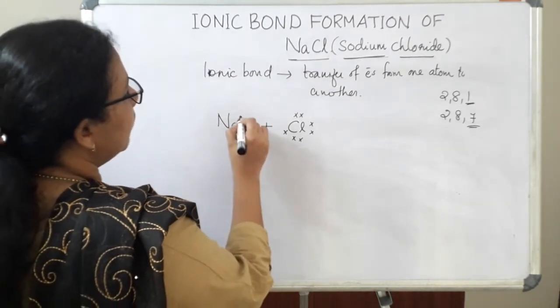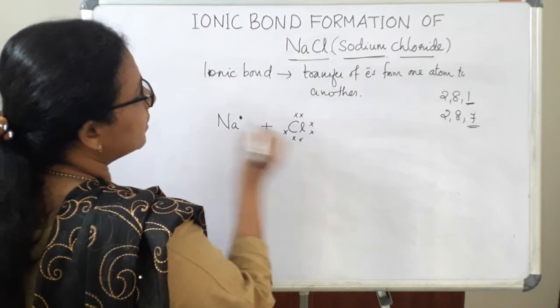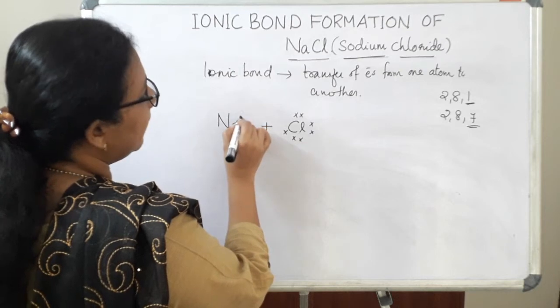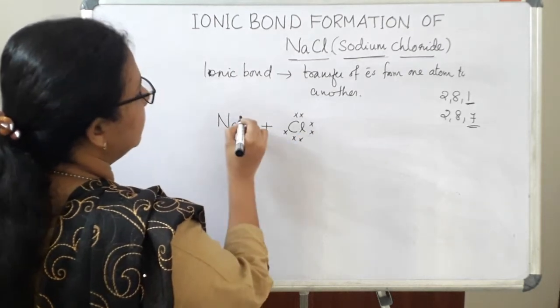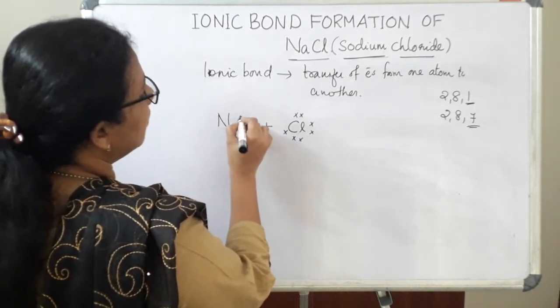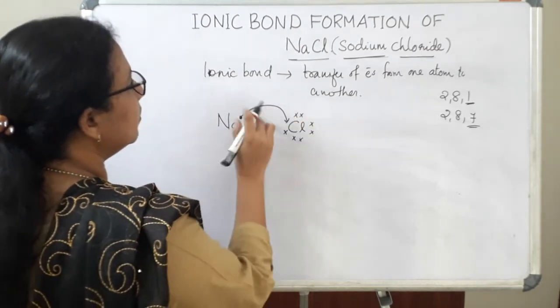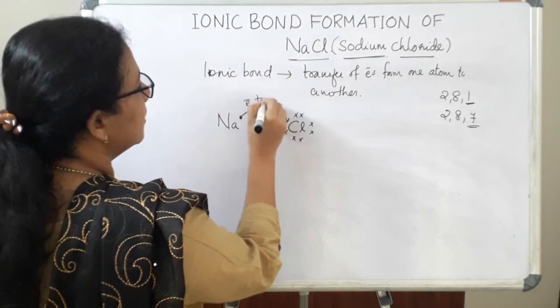Now when sodium reacts with chlorine, one sodium atom reacts with one chlorine atom, where one electron is transferred from sodium to chlorine. So electron transfer takes place.